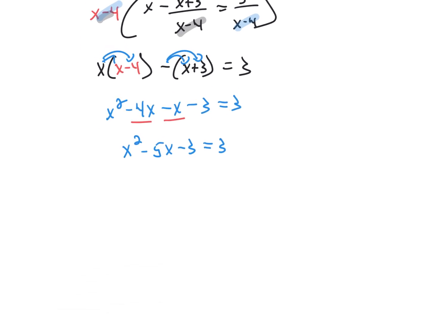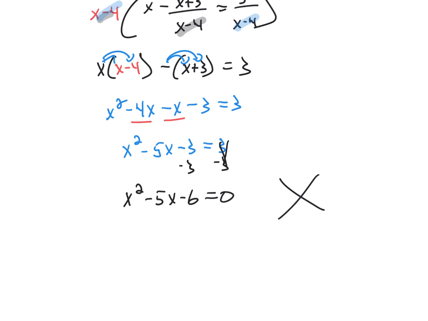So this is going to be a quadratic equation. I need to set it equal to 0 and then factor and solve. So to set it equal to 0, I'm going to subtract 3 from the right side to make it equal 0. So I'll need to subtract 3 here as well. So we end up with x squared minus 5x minus 6 equals 0.